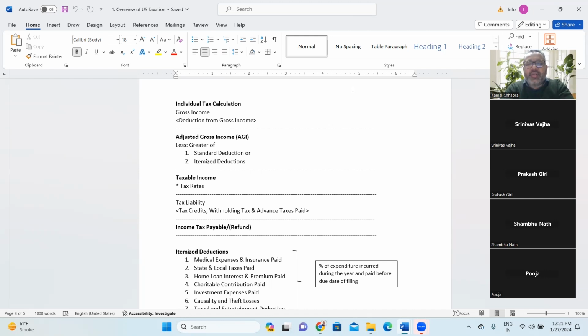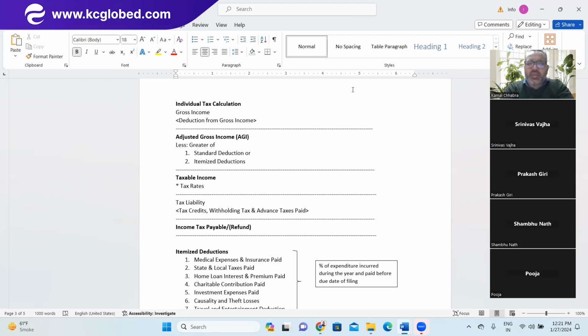After all these deductions, you will reach the taxable income. To that taxable income, you'll be applying the tax rate. The tax rate is also like a slab rate over there, so that also we'll be discussing. After application of the respective tax rate to the respective taxable income, you will reach the tax liability of an individual.